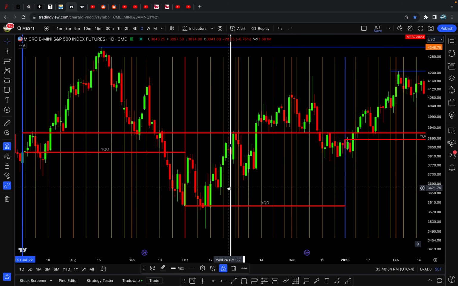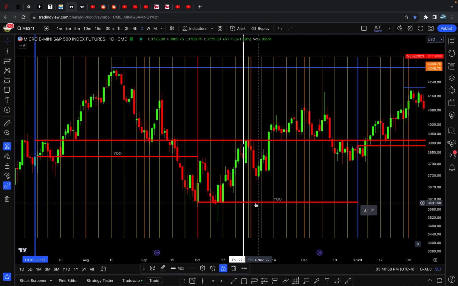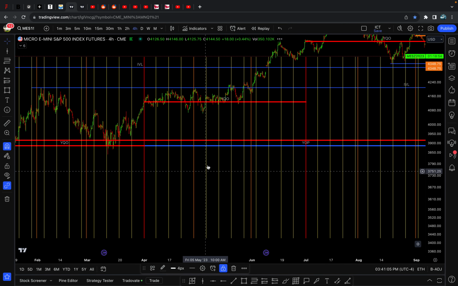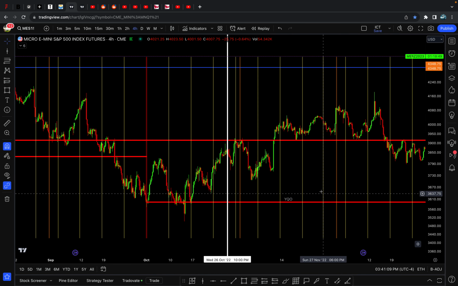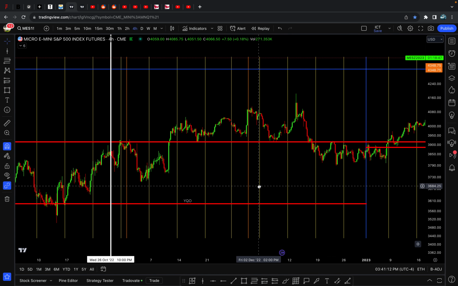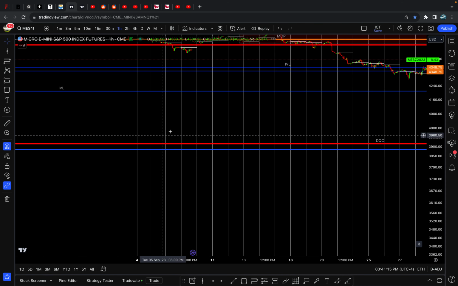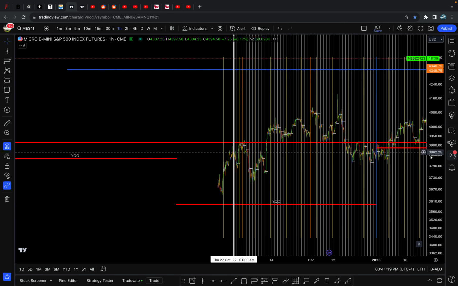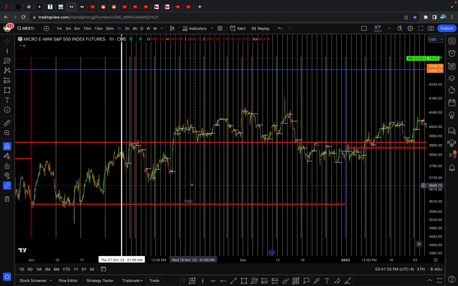Obviously this is hindsight, but we're looking for what kind of entries we could have on the hourly, right? So we're bullish. Yearly, quarterly open, bullish.